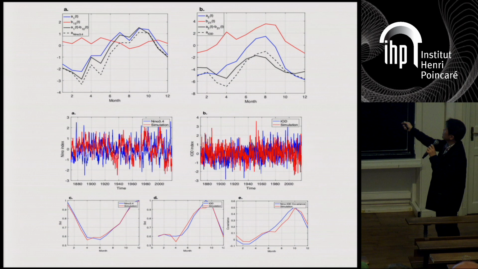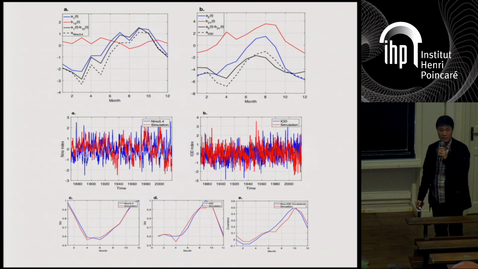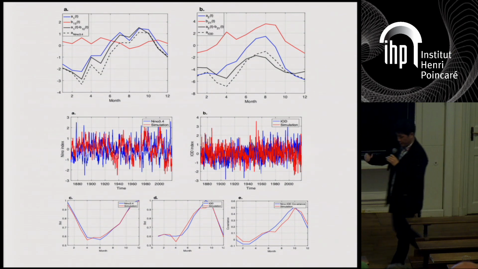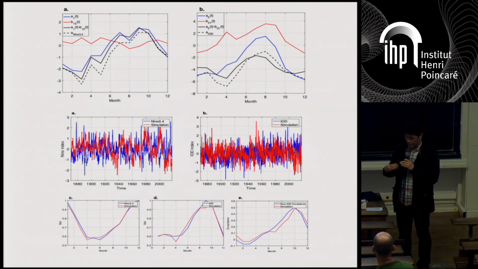But here, the influence of ENSO, this coupling term, is quite comparable with other terms. Which means ENSO is influencing IOD quite a lot seasonally, but ENSO does not get much influence from the IOD. So these two coupling functions could tell us what kind of impact is exchanged between the two phenomena.